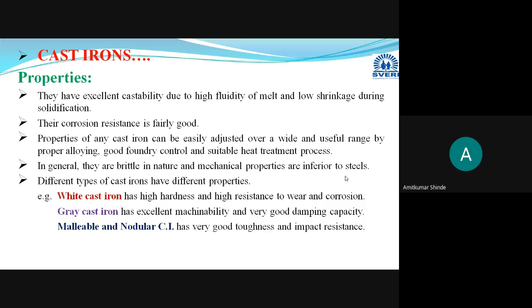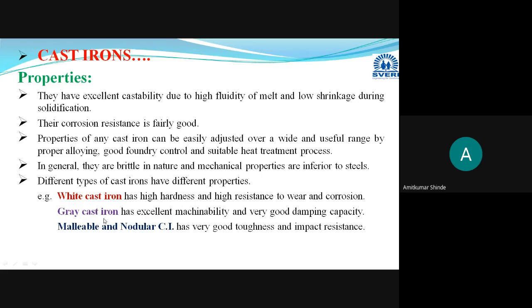Now, for example, I have mentioned here some types of the cast irons. Depending on their properties, different types of cast irons are there. Suppose you want to manufacture a component having high hardness, high wear resistance or high corrosion resistance, then you can use white cast iron.